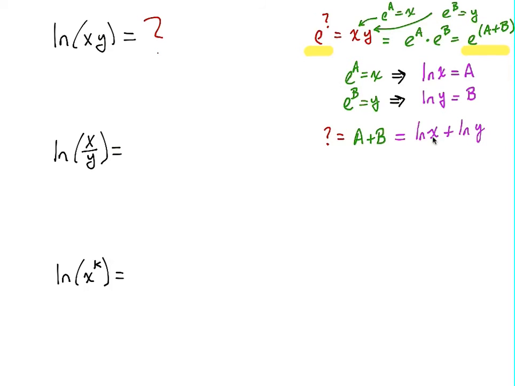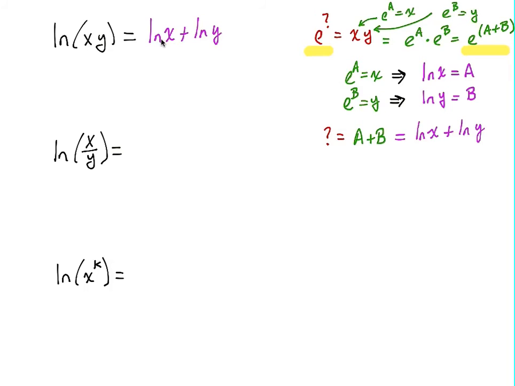So what we're looking for is really just the natural log of x plus the natural log of y. So, a long-winded explanation to remind you of what you learned in pre-calculus. Actually, I think you learned it in Algebra 2 and Trig, truth be told.